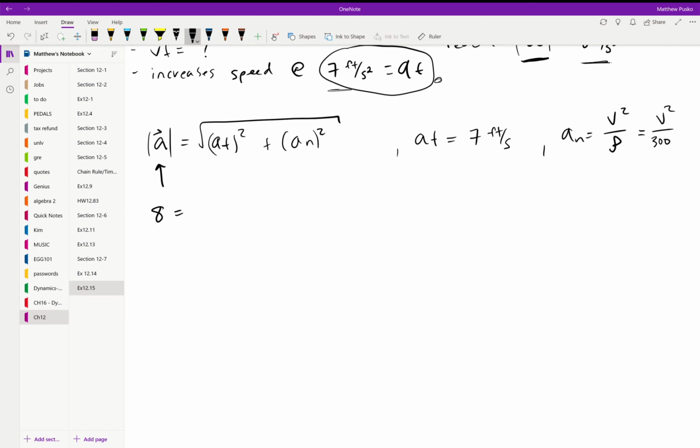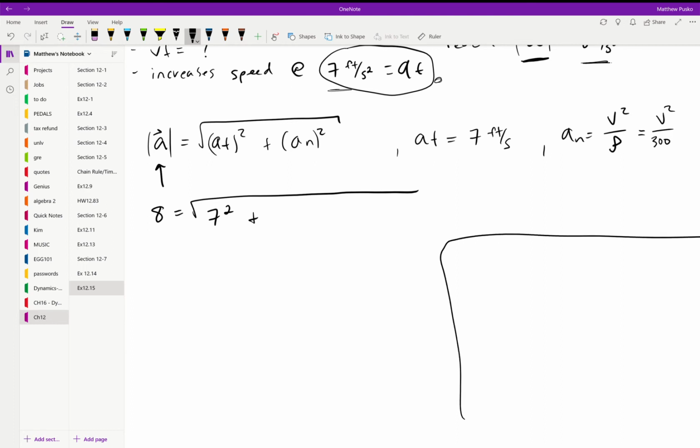So far we have 8 is equal to the square root of 7 squared plus, now what do we put in the rest? Well, if we know it started from rest, I'm going to make a little side box, started from rest and it accelerated, then with a constant acceleration we can use constant acceleration equations to look at its linear speed.